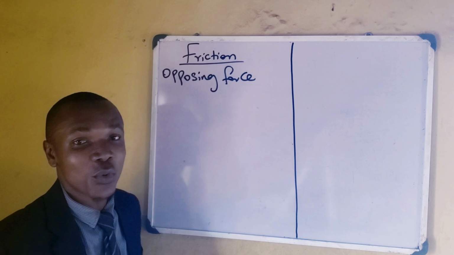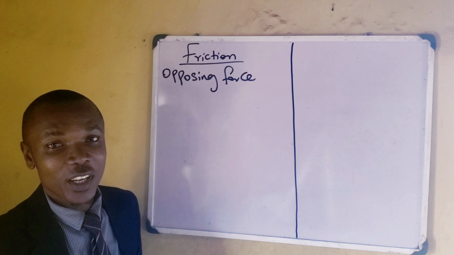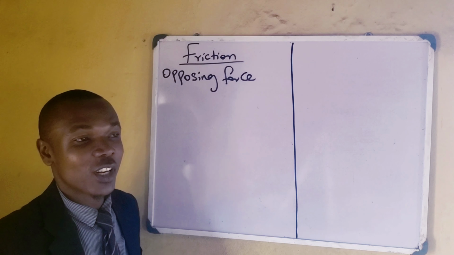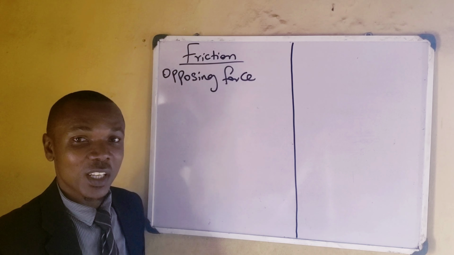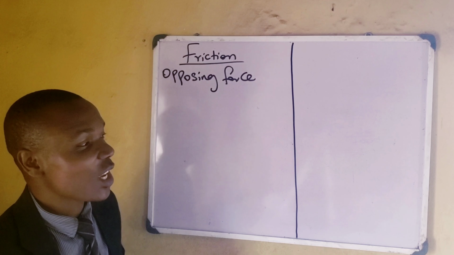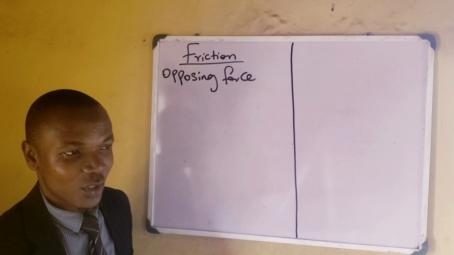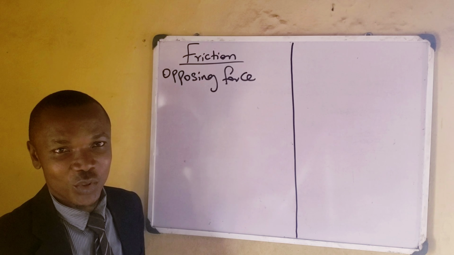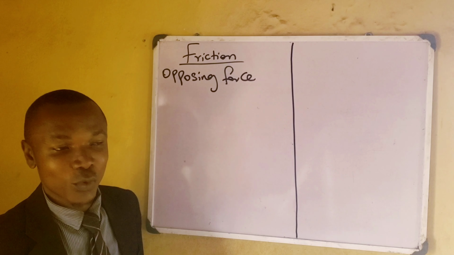Instead, you are going to move in the opposite direction. Meaning that if you want to move forward, frictional force will be acting backward. If you want to move towards the left, it will be acting towards the right. If you want to move towards the right, it will be acting towards the left. Opposite direction to the normal direction that you want to follow.